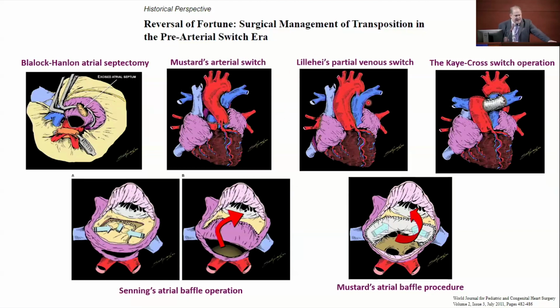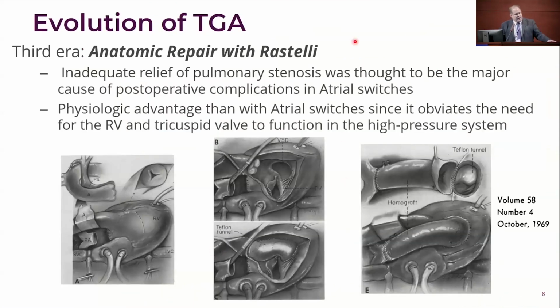You can see the Lillehei procedure, the Kay-Cross operation, and the Senning and Mustard procedures. Then we come to the third era, the anatomic repair, like the Rastelli procedure, done by Giancarlo Rastelli when he was a fellow at the Mayo Clinic.